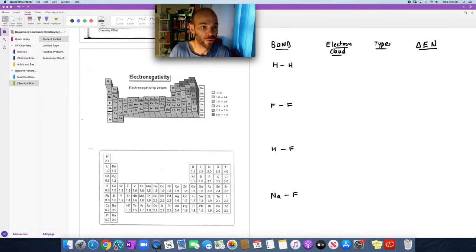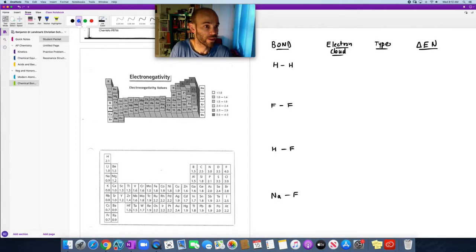If you could turn to your page in your packet where it says electronegativity, let's go ahead and define what that is. This is the ability or the tendency of an atom of an element to draw bonding electrons toward itself.